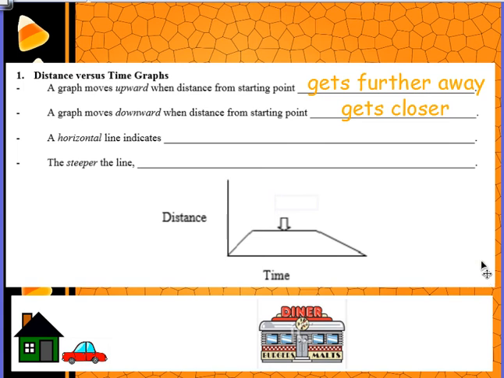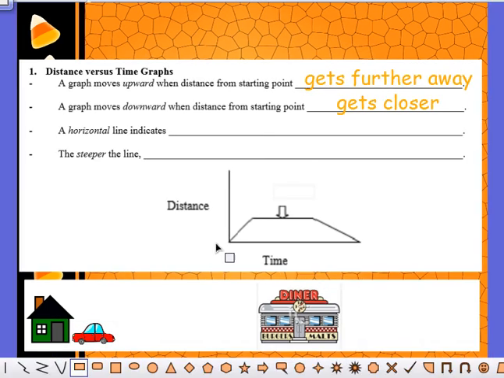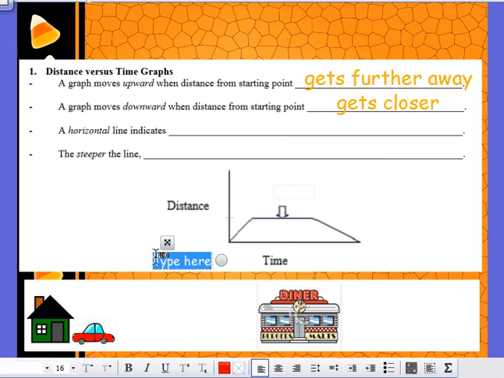And then a horizontal line. So in this example, the horizontal line here, as time is going on, what's happening to the distance? So let's say our distance was at 30 miles.